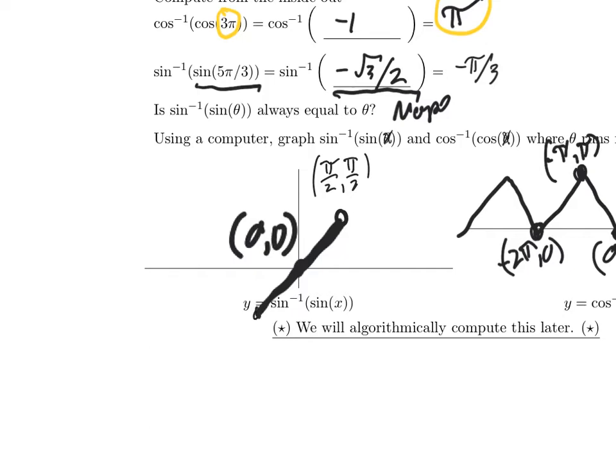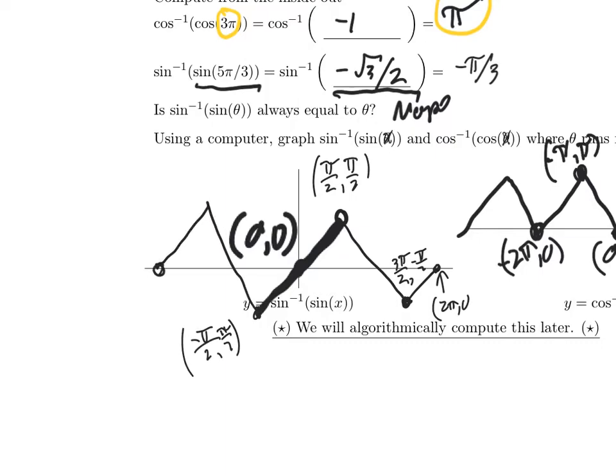Down to the point negative pi over 2, negative pi over 2. And then we see the same zigzag pattern. So 3 pi over 2, negative pi over 2, up to 2 pi, 0. And then the same sort of pattern going backwards.